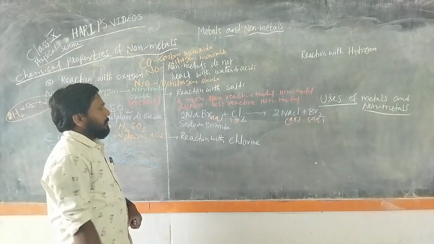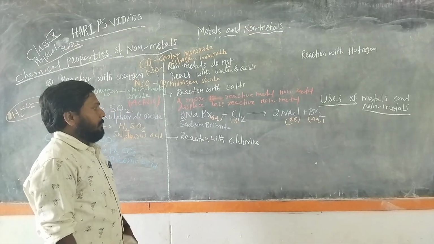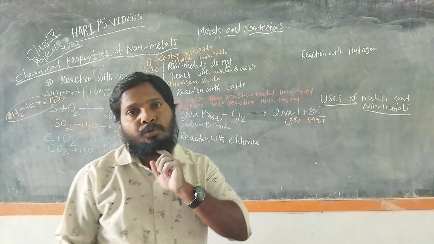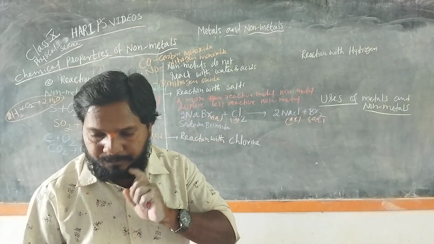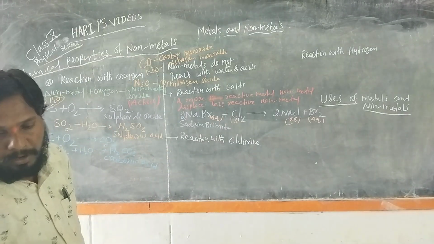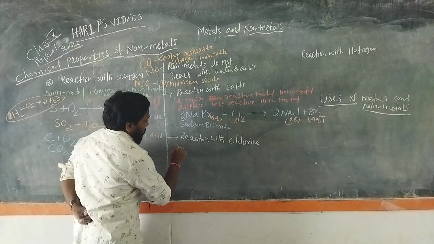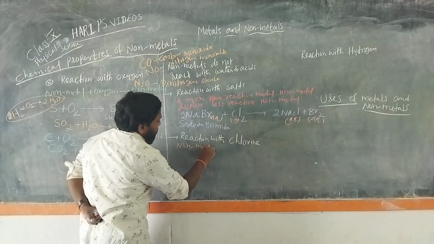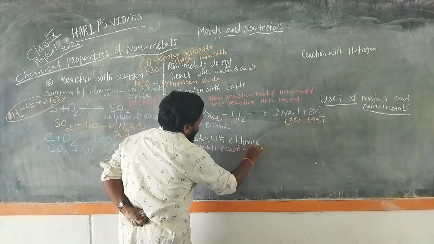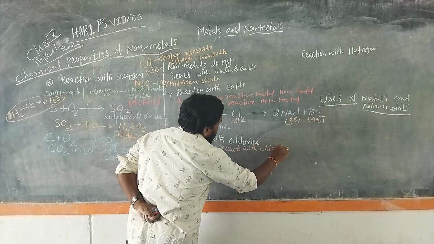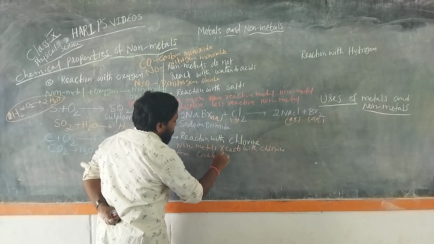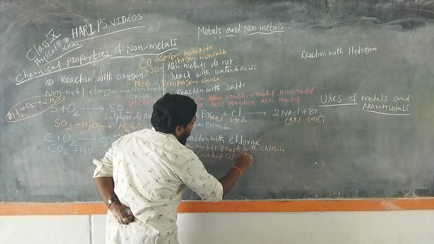Reaction with chlorine. When non-metals react with chlorine, they form covalent chlorides, or covalent compounds.